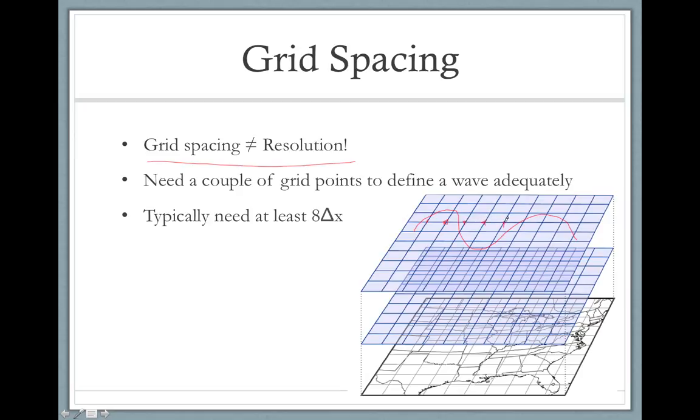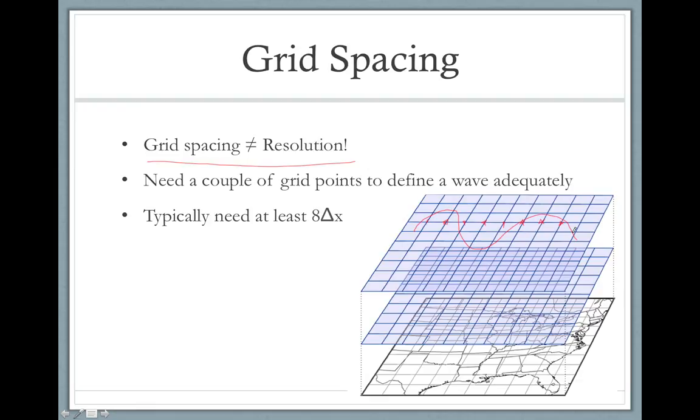And so as we go along, it turns out that we need at least 8 grid cells, 8 grid points, to fully define a wave, to say that we would resolve that feature. And so really, we're limited by 8 times the grid spacing for what we can actually resolve.